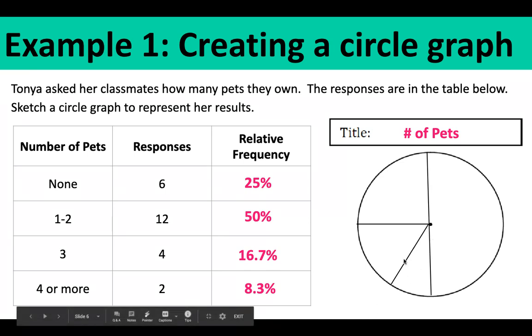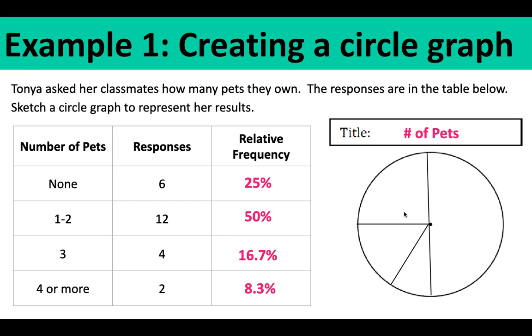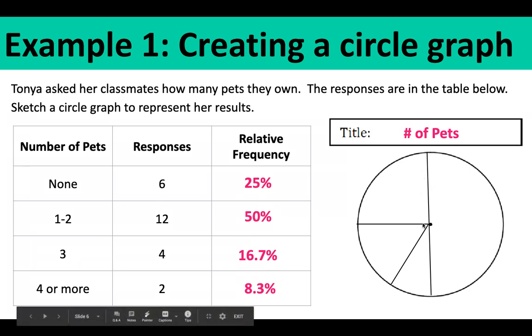And then I'm just kind of estimating where that 8.3% and 16.7% might be, right? So 16 is double 8, so I can try to make that slice about twice the size of that slice. It doesn't have to be perfect. We're just trying to get as close as we can to a good representation. If you really wanted to, you could pull out a protractor and really make this amazing.